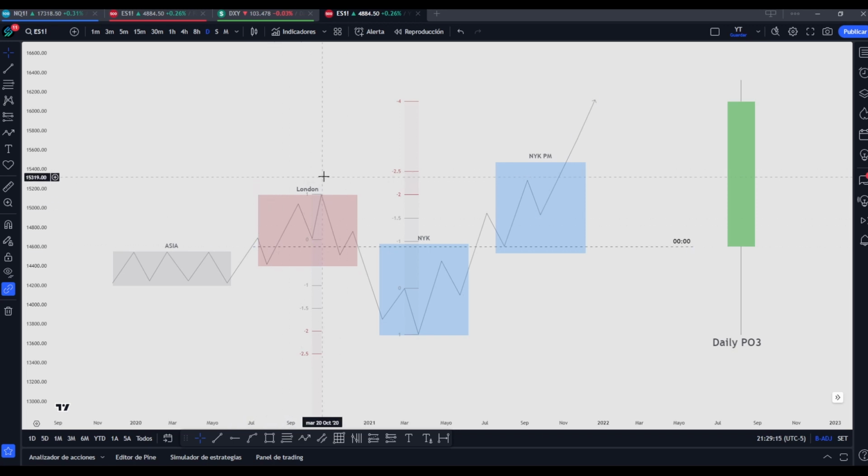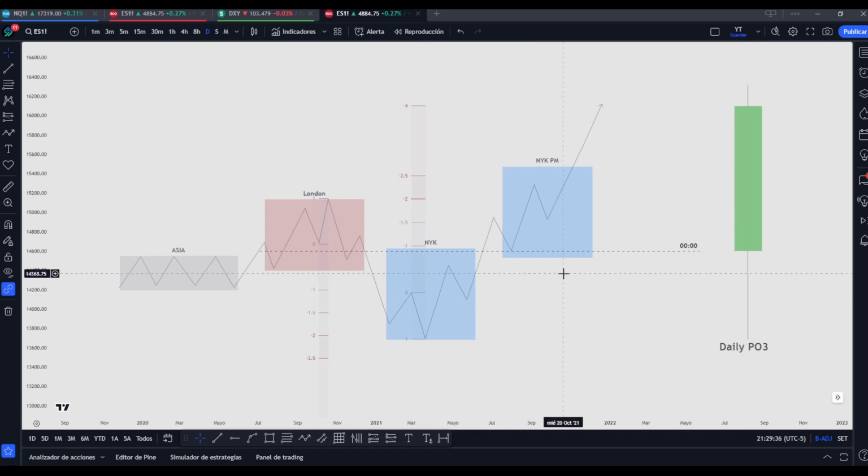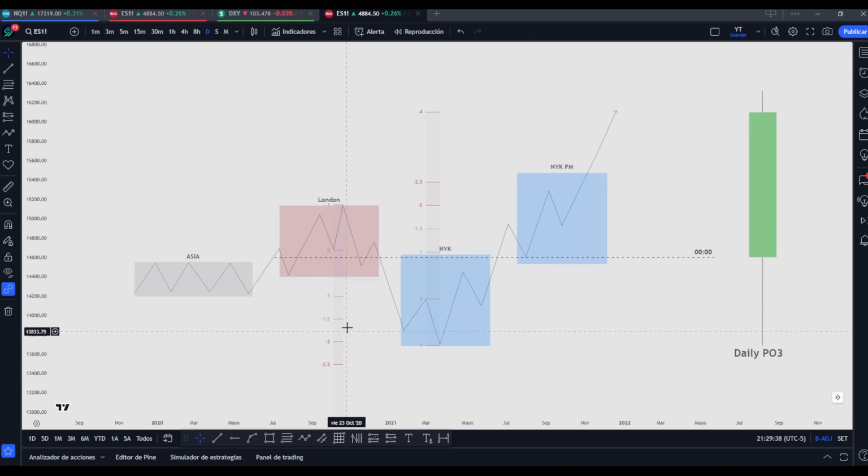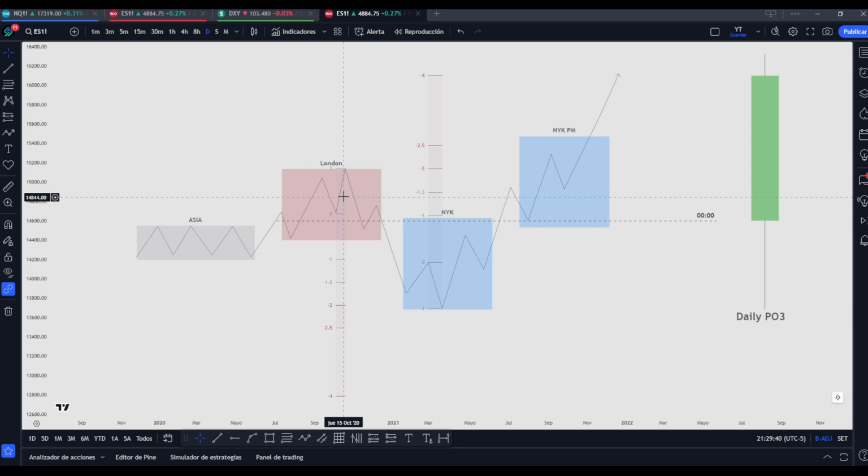London is known to make the manipulation of the day. Then we have New York, which might be the distribution of the day. So we have accumulation, manipulation, distribution.